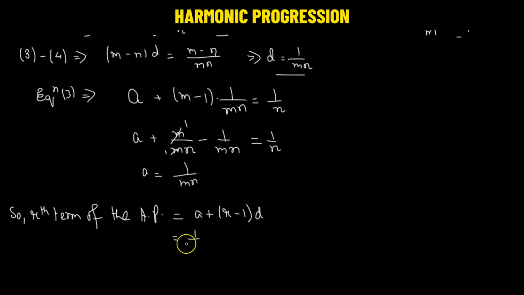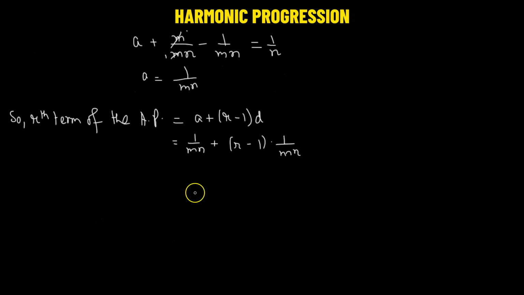What's a? That's simply 1 over m times n. Plus r minus 1, let's keep it as it is, times the common difference, which is 1 over m times n. So this equals 1 over mn plus r over m times n minus 1 over m times n. The first and the third terms cancel out, and that leaves us with r over mn.